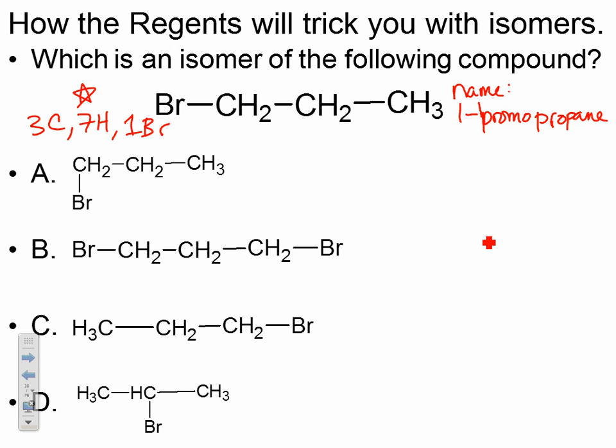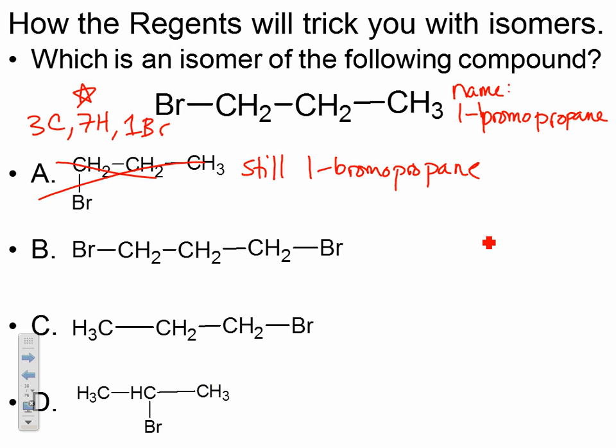Looking at choice A, it has the correct number of atoms, meaning the same number of atoms as the one shown above, but this is still 1-bromopropane. So this is not an isomer. It's the same exact compound. An isomer has to have a different structure, a different bonding, a different arrangement of atoms. This has the exact same arrangement of atoms. So what? Who cares? You drew the bromine going down instead of going to the left. It's still 1-bromopropane, so it is not this option.